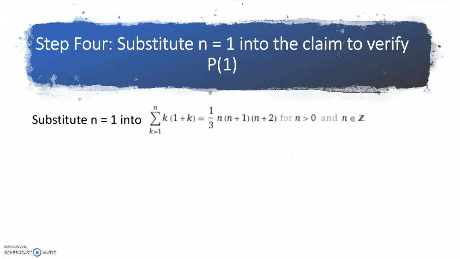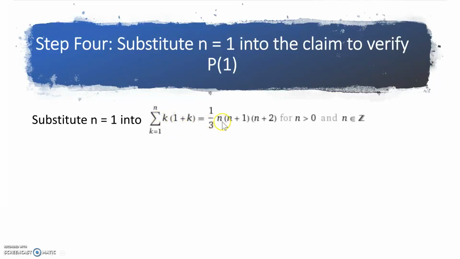Then we come to our step 4. Substitute n equals 1 into the formula to verify P1. That means we have to prove the base case is true. So substitute n equals 1 into this formula. 1 plus 1 is equal to 2. 2 times 1 is 2.